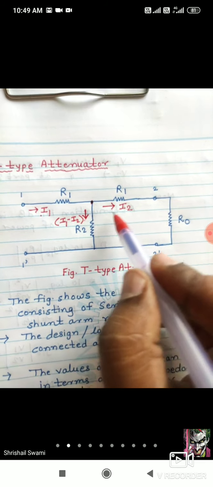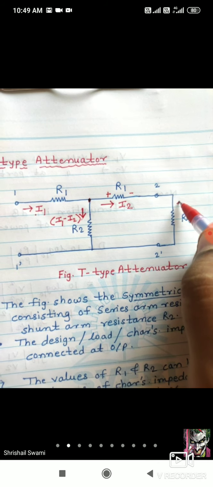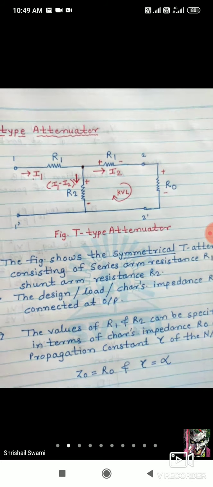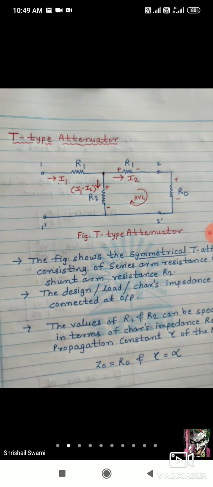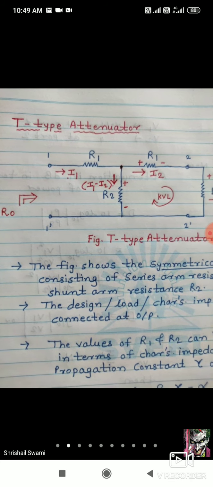Now according to this current, we can mark the polarities of voltage drop, plus minus plus minus. Similarly, according to this current, this is the plus, this is the minus. Understood? So what we are going to do now, apply KVL in this loop, and also you have to find out the total equivalent impedance, that is nothing but R0, the same as the characteristics impedance.